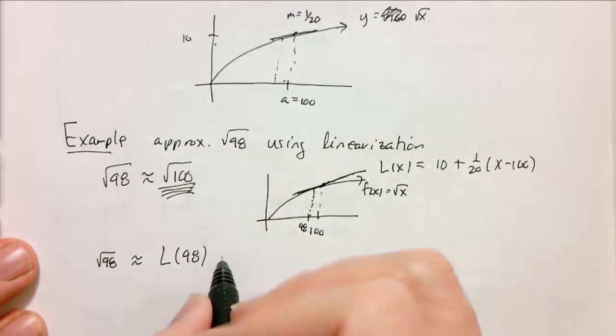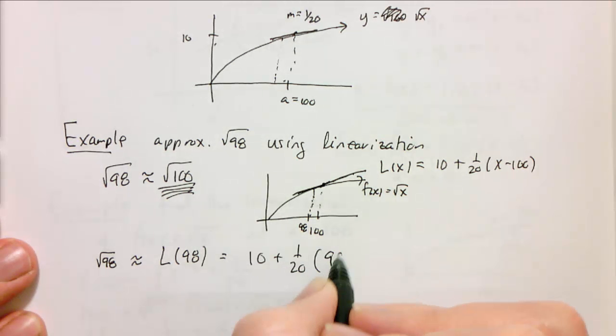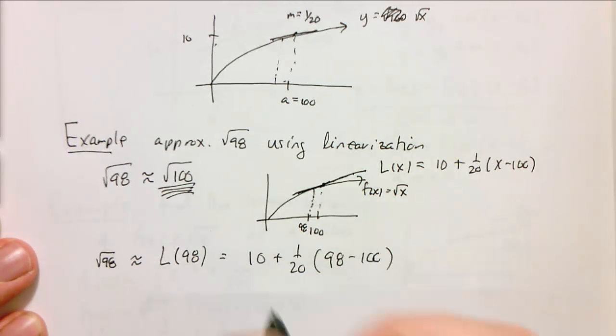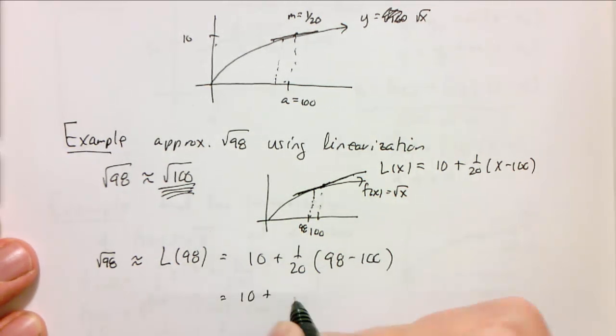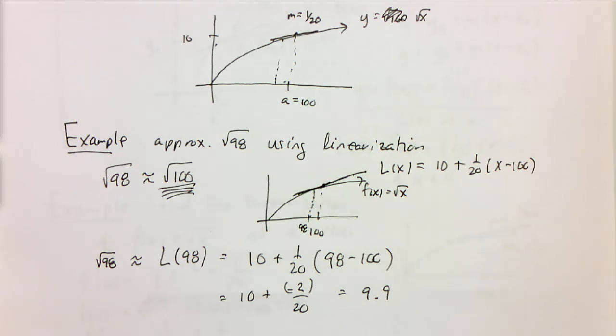So we're going to use the linearization, which is 10 plus 1/20th times 98 minus 100. That is 10 plus negative 2 over 20, which is 9.9. So negative 2 over 20 is minus 1/10. So the square root of 98 is about 9.9.